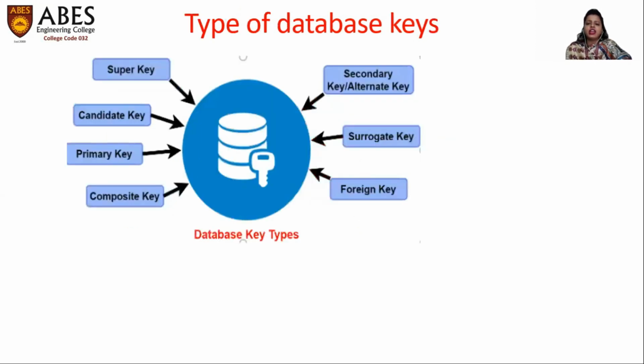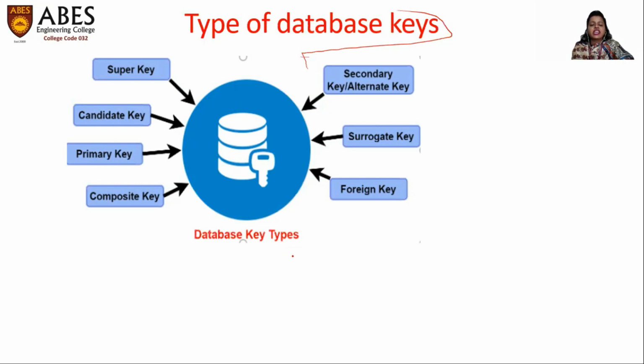Now let us look at what the different types of database keys are. Here we can see that we have a super key, a candidate key, a primary key, a composite key, a foreign key, and a surrogate key.